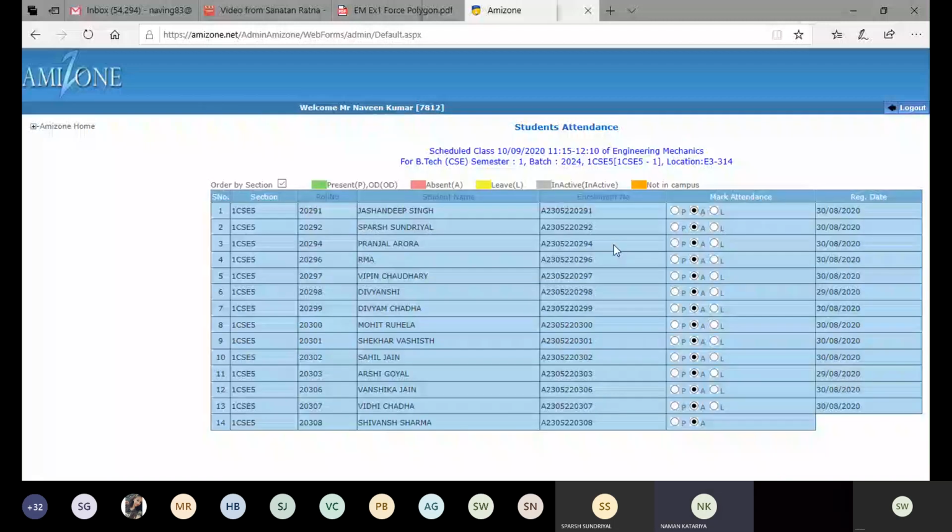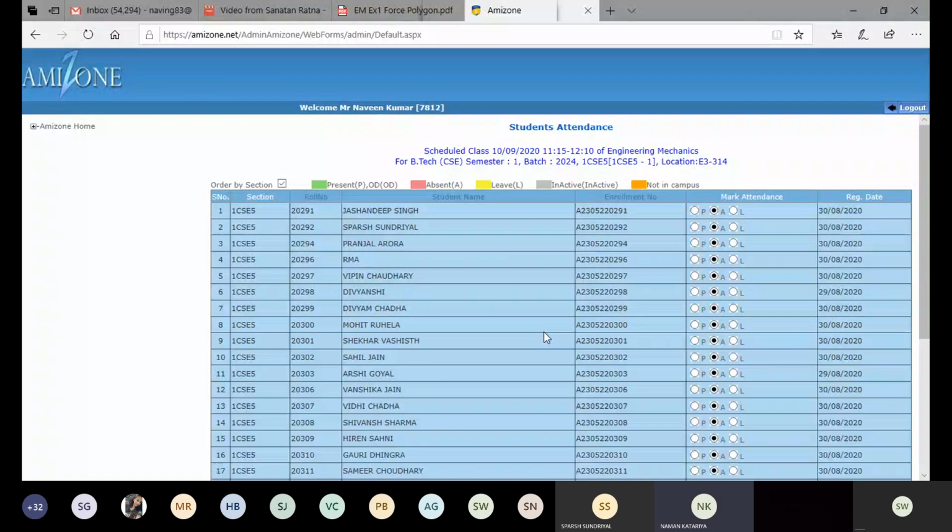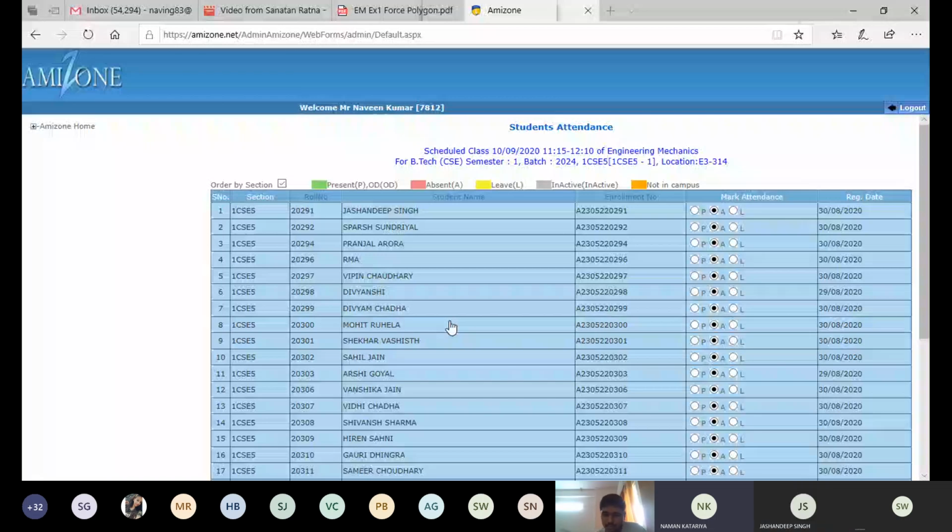Roll number 292 Sparsh. So making the second one, first one is done. Show me the first one and then you can proceed with the second one. Just a little bit zoom. Okay.